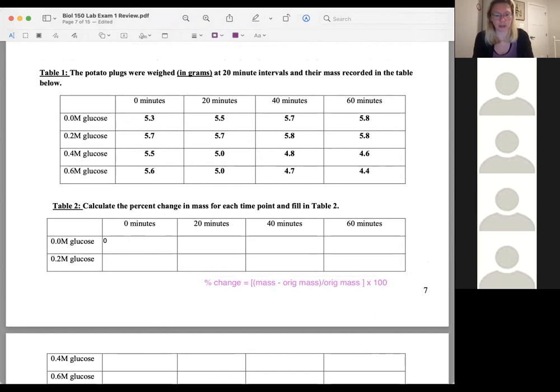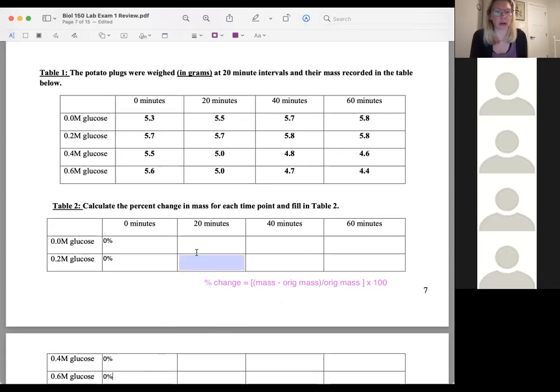So the answer in this first column is 0%. If you want to calculate it out, 5.3 minus 5.3 is 0. 0 divided by 5.3, still 0. 0 times 100, 0. So this first column is just 0% change.